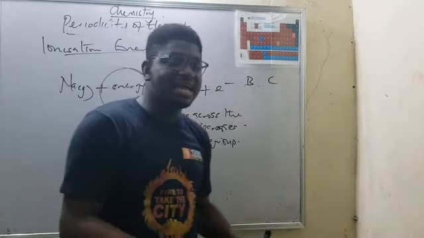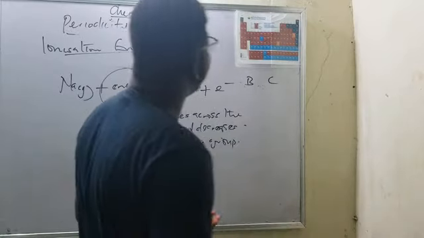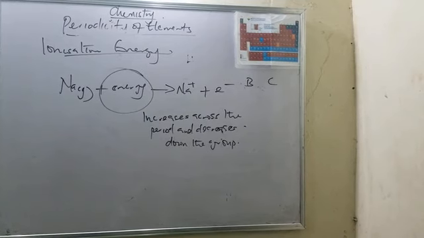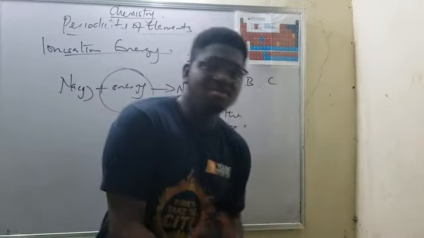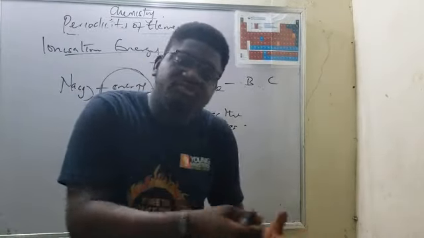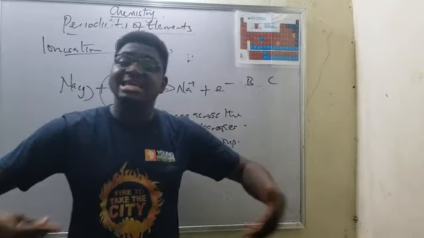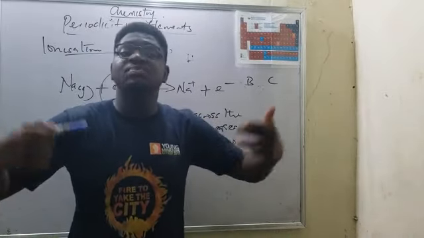So what we are saying is down the group, it becomes easier for you to remove an electron from the outermost shell, reason being the fact that the size is being increased.